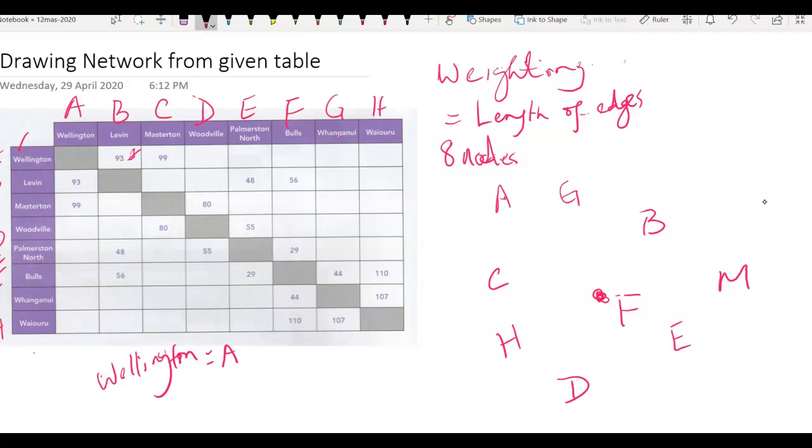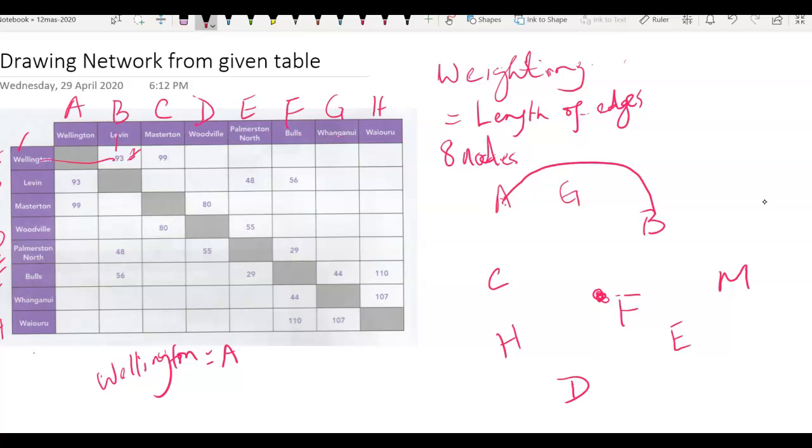Now I know Wellington is connected to Levin, so A to B is 93. And as you can see, G is in between, so I cannot simply draw a straight line. A curved line is acceptable, but it's better to avoid curved lines.